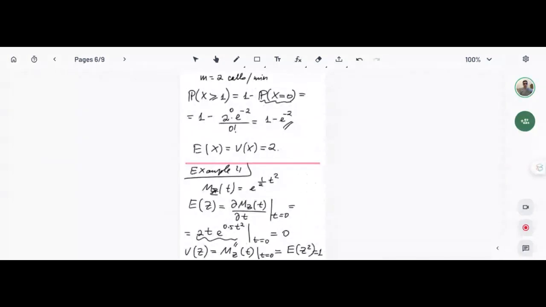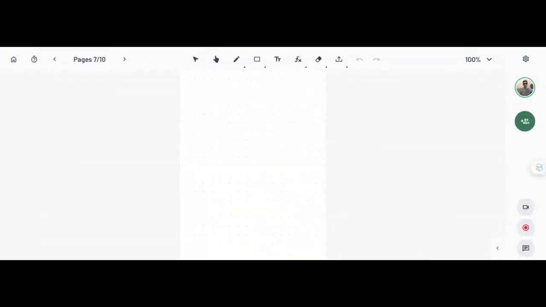Let me start a new page. So this is example 5. Supposing that X is normal, mean is 500, and the variance is 100. Now you want to find the probability that the variable X is less than or equal to 510.